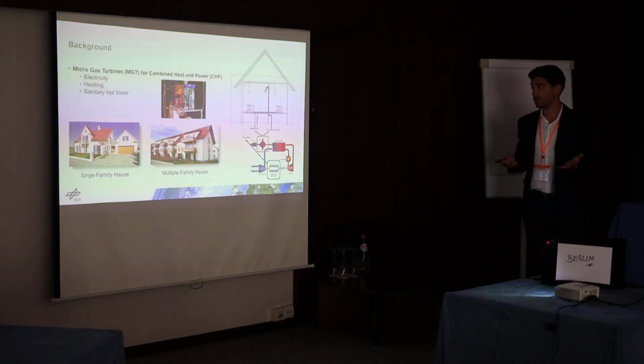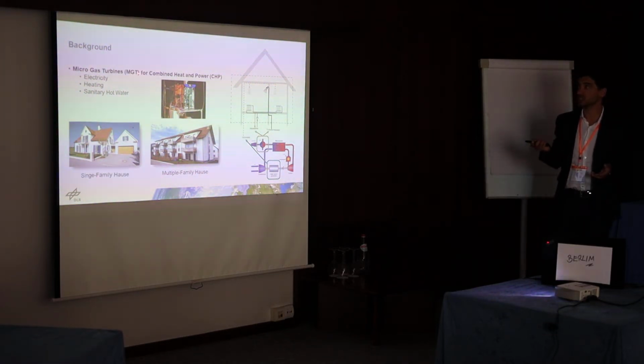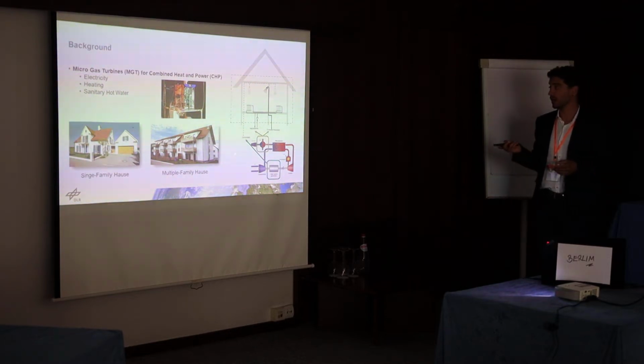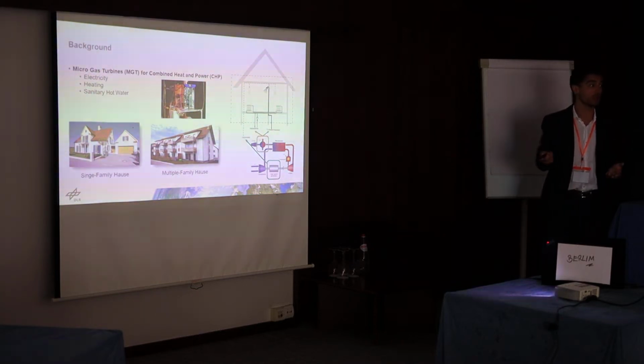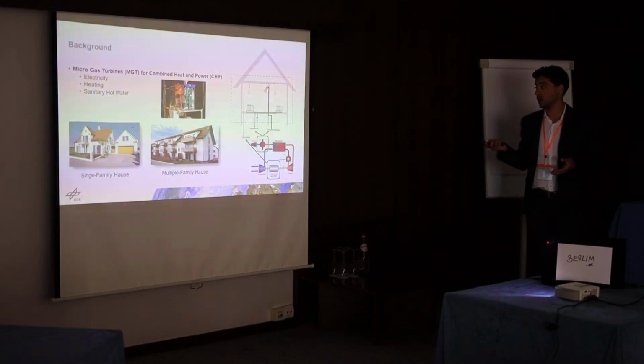So for a little bit of context, what is a micro gas turbine? It's a system for combined heat and power. So it basically provides electricity for small buildings and hot water, which can be used for heating as well as for sanitary hot water, let's say.